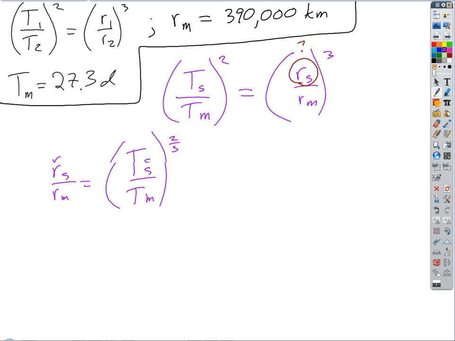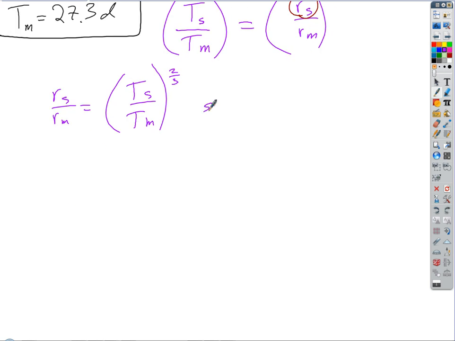Last step, multiply by the radius of the moon, which we know. And so we end up with the radius of the satellite is equal to T sub S over T sub M to the 2/3 times the radius of the moon, right?